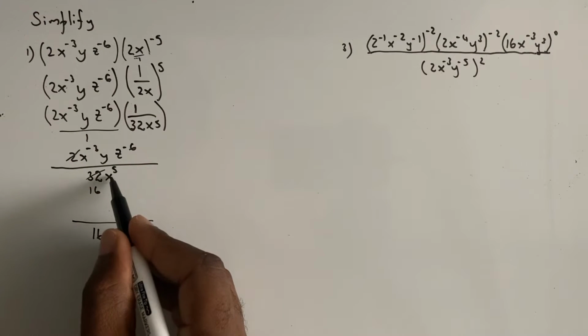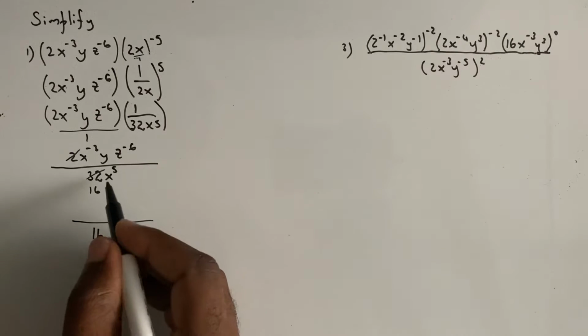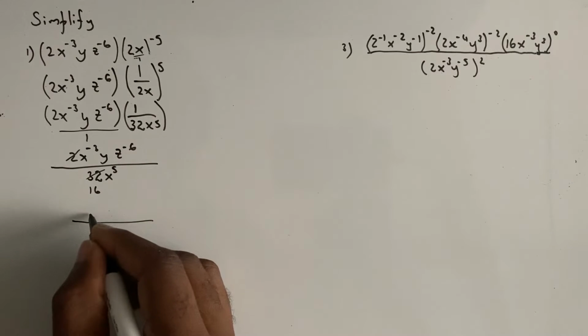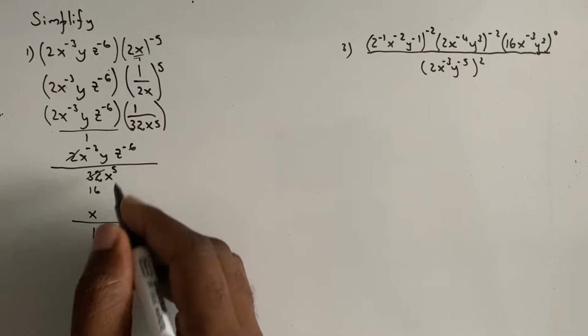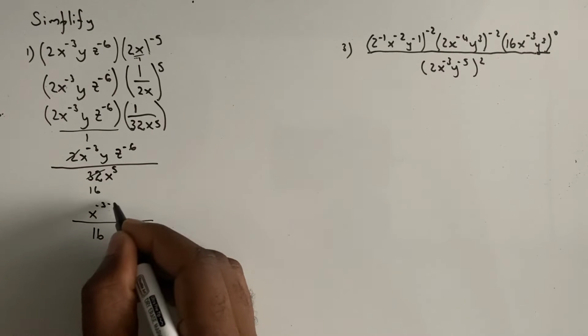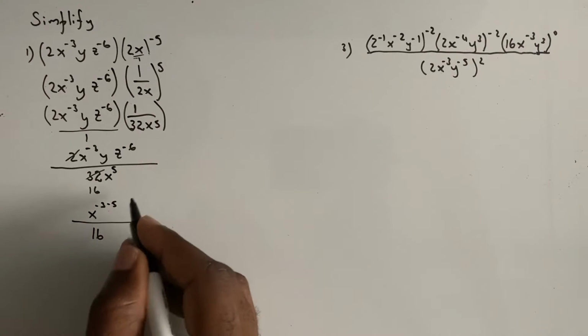Now x to the negative 3 minus, because we have to subtract the exponents. If it's division, you have to subtract the exponent. So negative 3, I'll put minus 5, because I'm moving it up, so I change the sign.